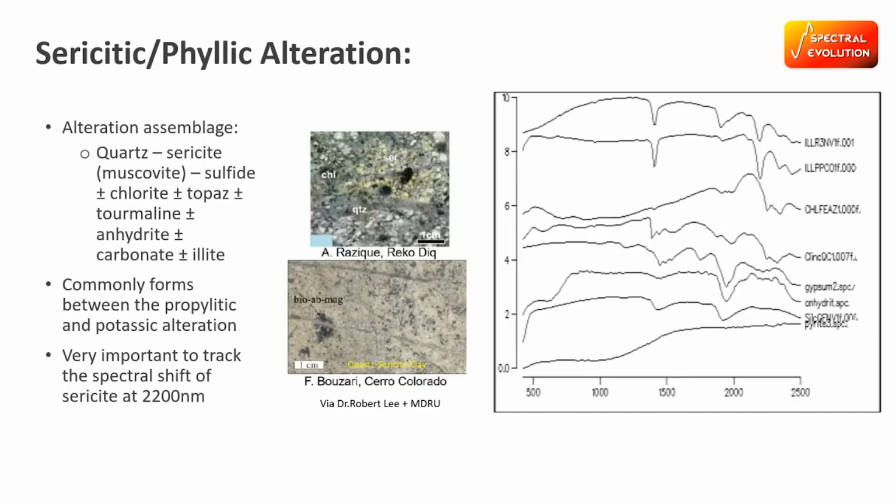Tracking this assemblage is also crucial for vectoring and seeing where you are, and monitoring the spectral shift at the 2200 nanometer feature, which indicates changes from muscovite to sericite to illite. So the 2200 nanometer feature is very important for this identification.